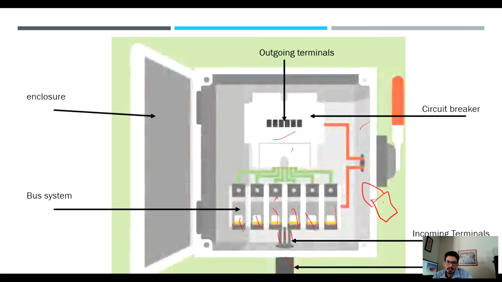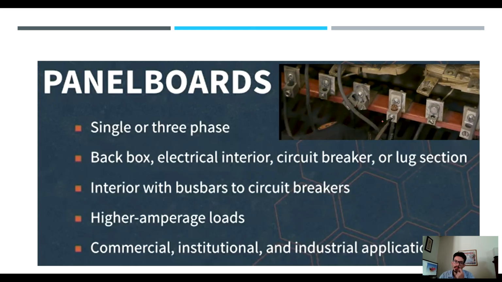Then outgoing terminals are conducting materials, or other relays or elements that allow the electricity to flow out of the control panel into the rest of the system. Panel boards are used for both single phase and three phase.